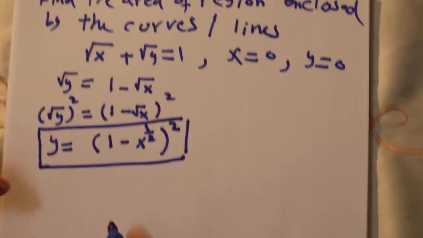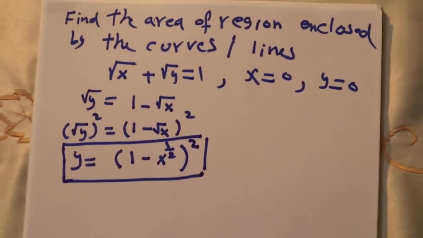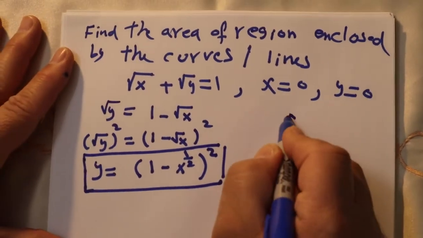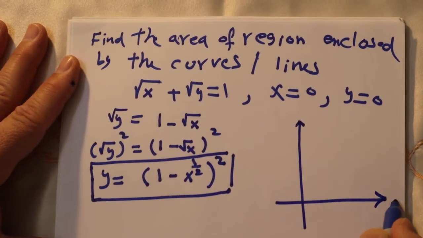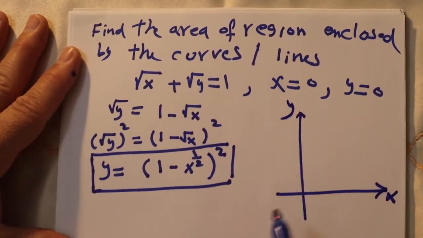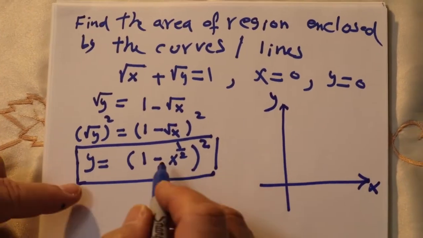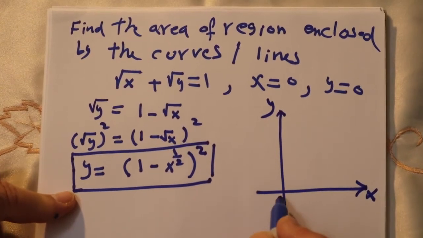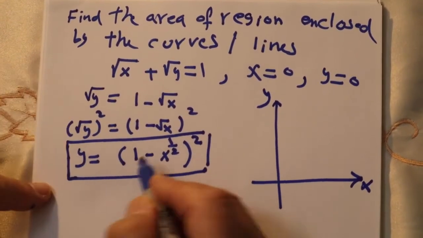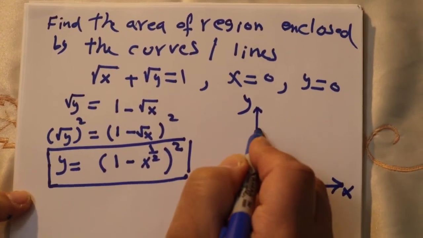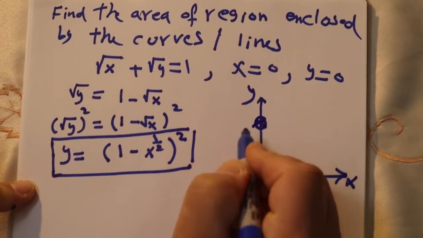And if you want to figure out how the curve looks, if you plot some points on x and y, like if you plot 0, the x term will cancel, and then y equals 1. So 0 and 1 over here.